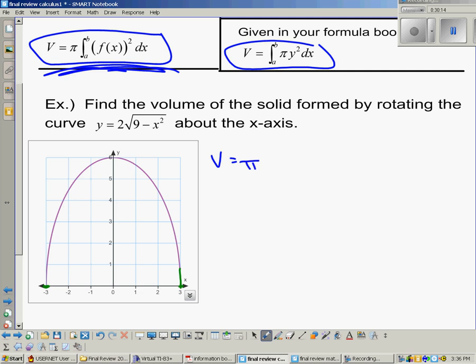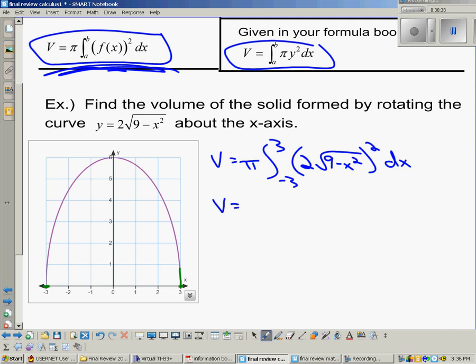So I know I'm talking about pi times the integral from negative 3 to positive 3 of the whole function squared. So I have to take 2 root 9 minus x squared and square it. And it's with respect to x.